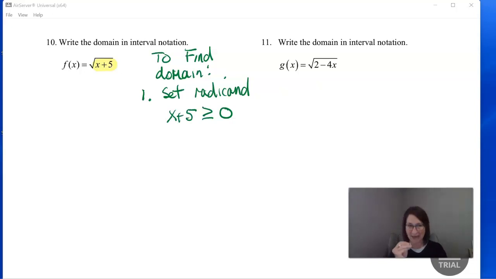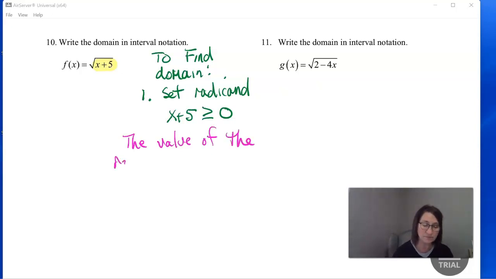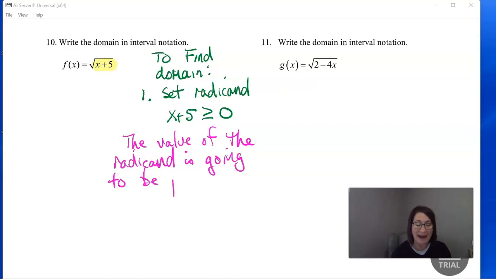So what this is saying in words is that the value of the radicand, whatever's underneath the square root symbol, is going to be positive or equal to 0.